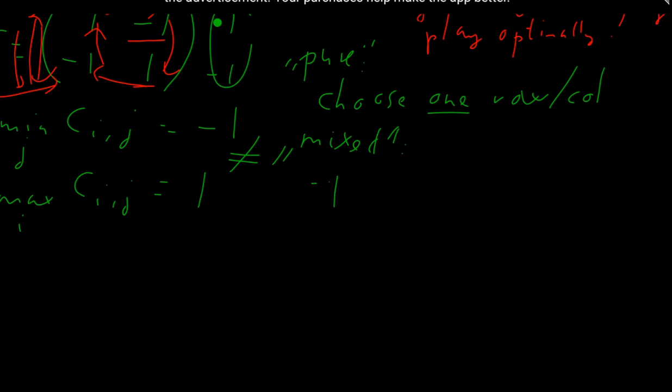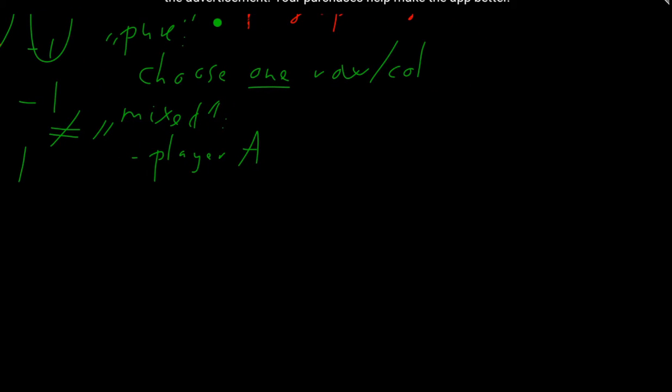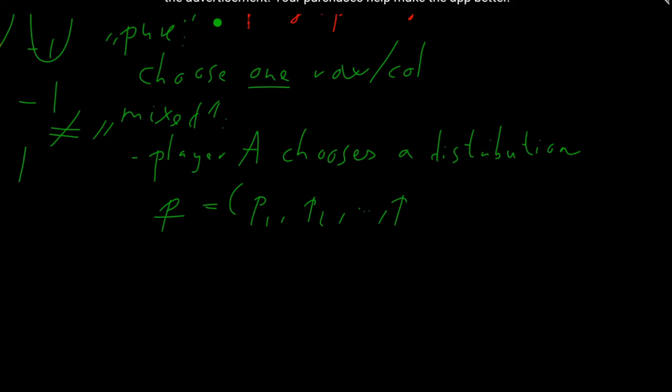So player A, who previously chose one row, chooses a probability distribution over the rows. So it's just a vector p, which is p1, p2, and so on, pn, since we have n rows.